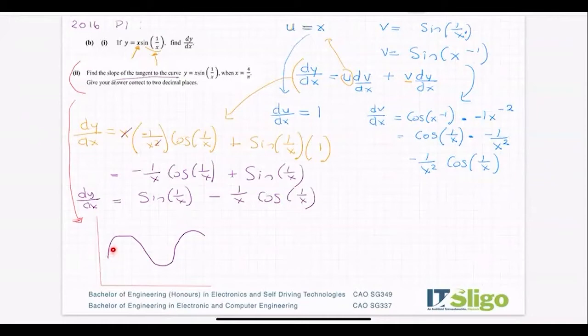So in other words, we have a positive slope here. Then at the very top, we have a slope that's equal to 0. We then would have a negative slope. We'd have another slope equal to 0, a positive slope, and we're on the way back down again.